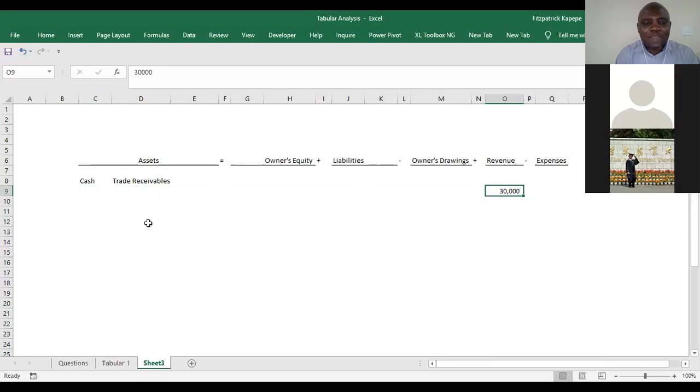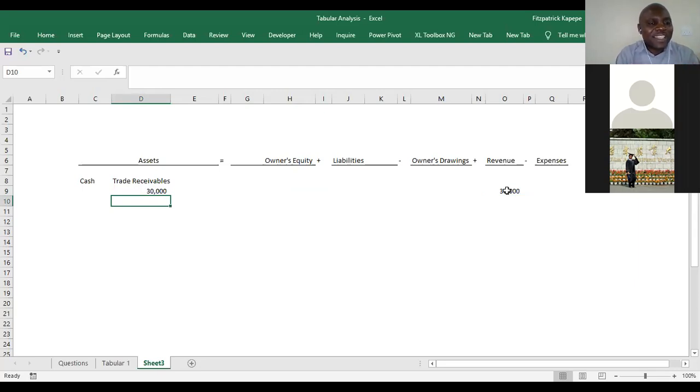Which other element was actually affected? It wasn't cash. It was sold on credit. So if it was sold on credit, you have receivables. So receivables will also be here. It will give you 30. Whatever transaction you have, it will have two legs, the credit and the debit.